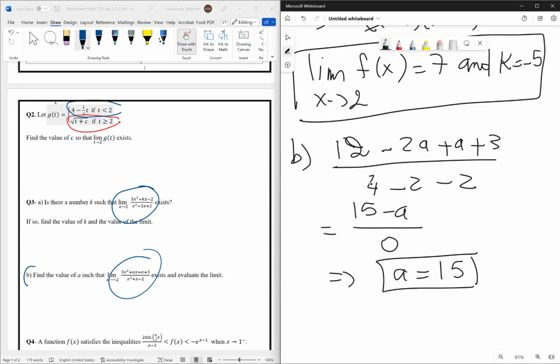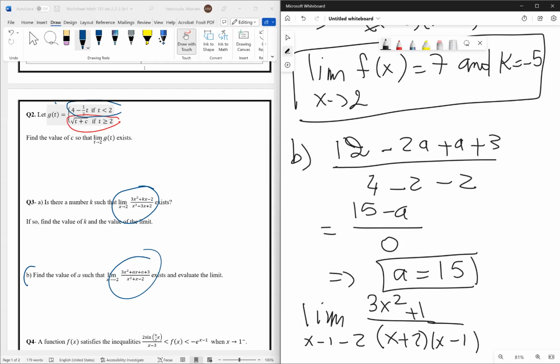When a is equal to 15, then I will get the factoring of the denominator, so it's (x plus 2) times (x minus 1). And in the numerator, it will be 3x squared plus 15x plus 15 plus 3, that means plus 18. To simplify this, I see that there is a common factor 3 in the numerator.